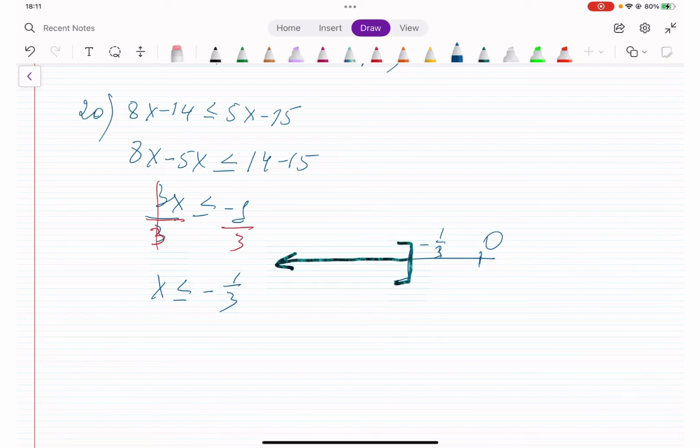And in the format of interval, it's going to be from negative infinity all the way to negative 1/3, because less than means it's heading to negative infinity. In an interval, we write the smaller number first, and then the bigger number. Negative infinity to negative 1/3. Okay, that's all. Good luck with your quiz and tests. They are going to be very similar. All right.